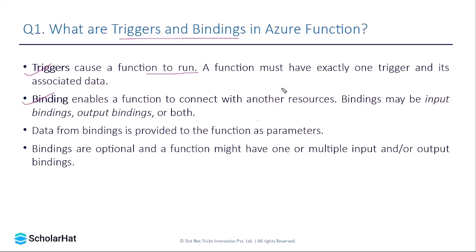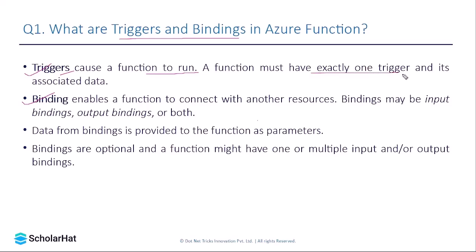So if you're talking about a blob trigger, as soon as data is uploaded into a blob storage, we can align a trigger to an Azure function so that it will start executing. So with the data upload on the blob storage, the Azure function will be triggered and it can perform the relevant actions.